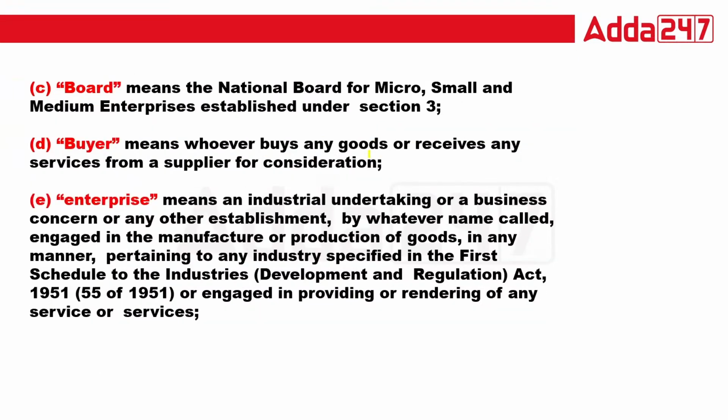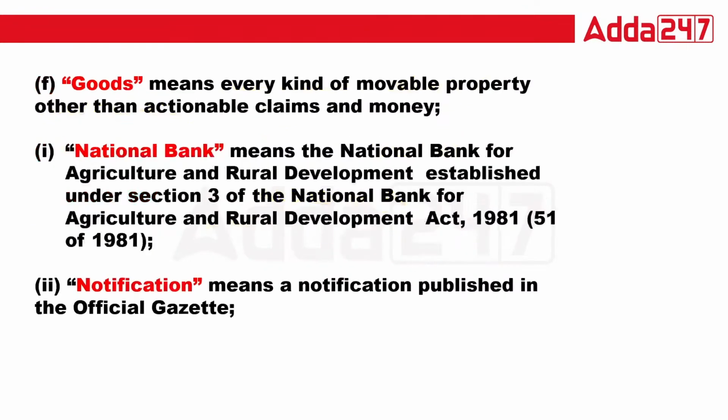Board means the National Board for Micro, Small and Medium Enterprises. Buyer is whoever buys any goods and receives any services. Enterprise means an industrial undertaking or business concern or any other establishment.